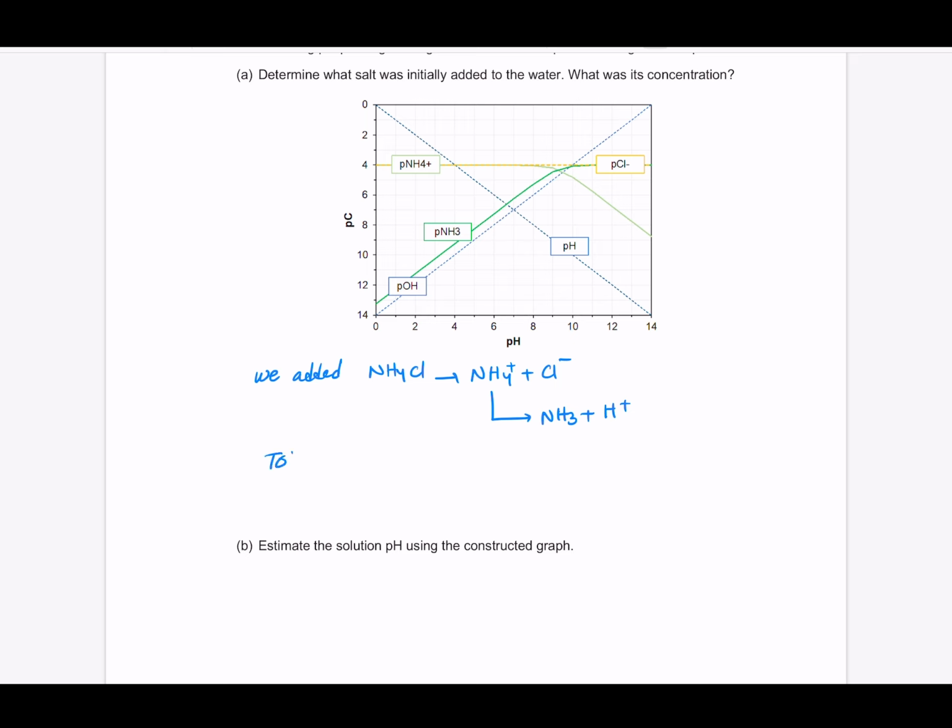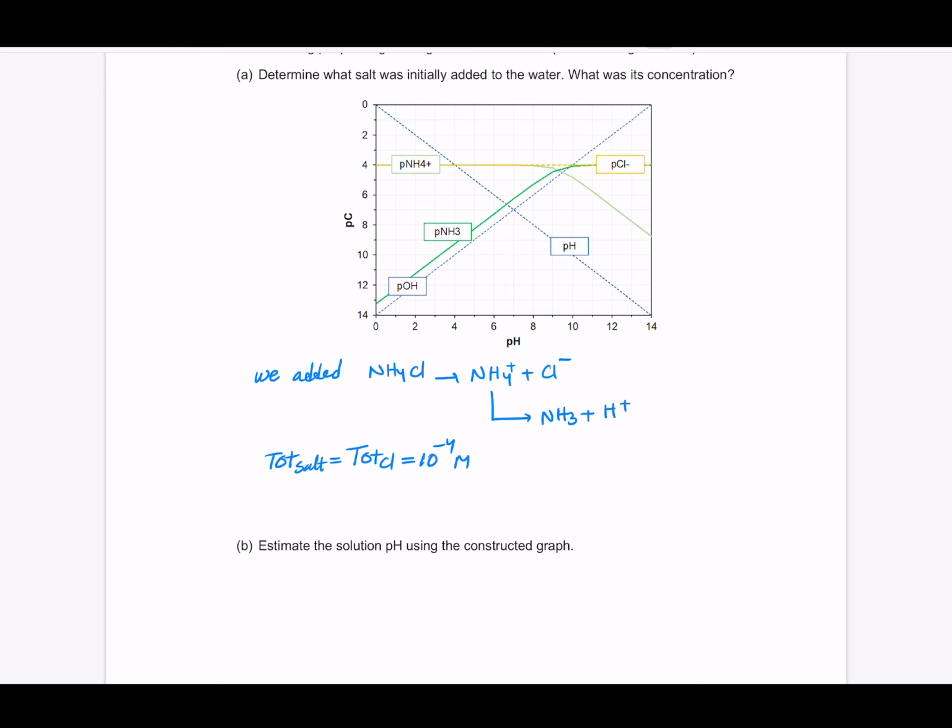So the total concentration of the salt is equal to the total concentration of Cl, which would be, in this case, P of that concentration is 4, so the concentration would be 10 to the minus 4 mole. So 10 to the minus 4 molar of ammonium chloride was added, and then we get to this sort of graph.